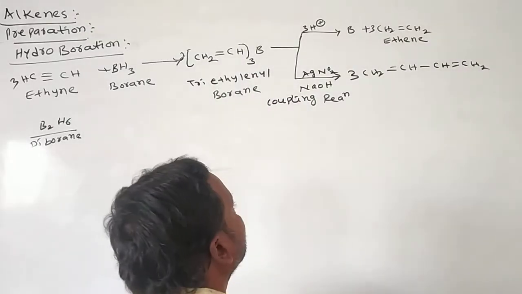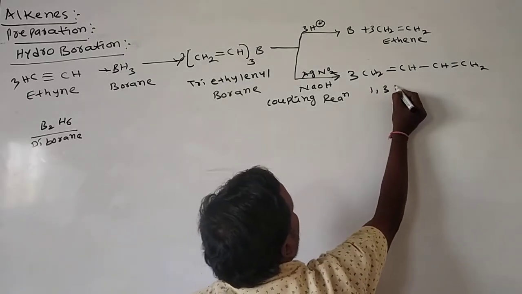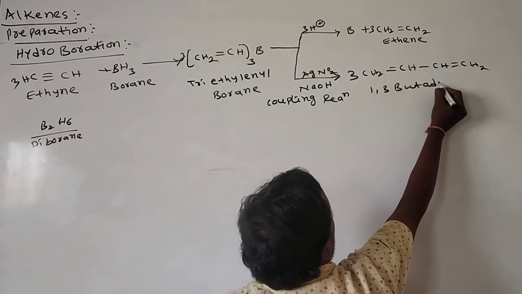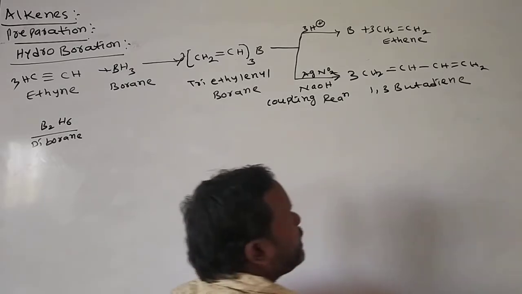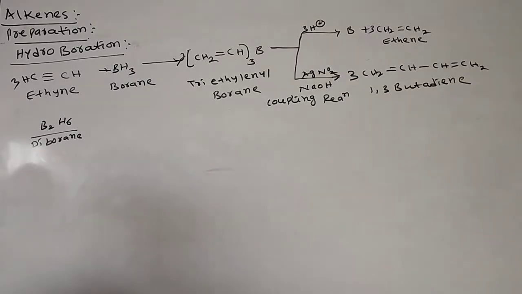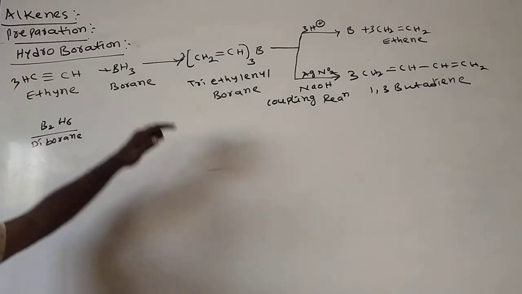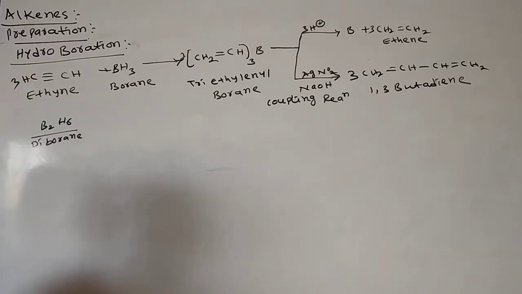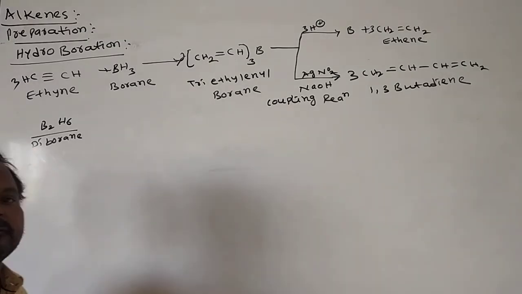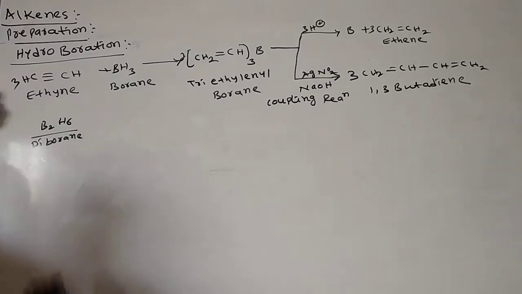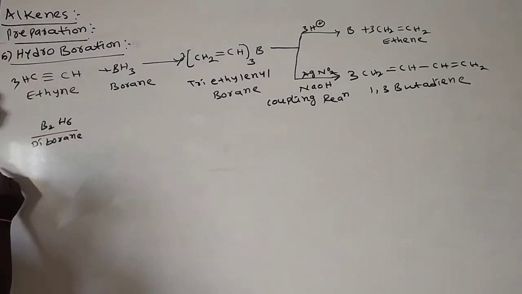Couple like this. This we call 1,3-butadiene. If you take ethyl, we get 1,3-butadiene. If you take propane, we get a larger one, with 6 carbons. This we call a coupling reaction or coupling compound. This we call hydroboration.